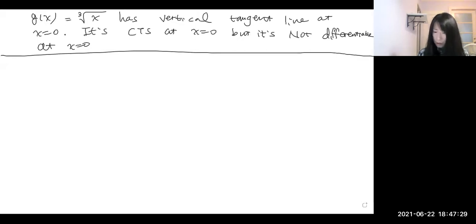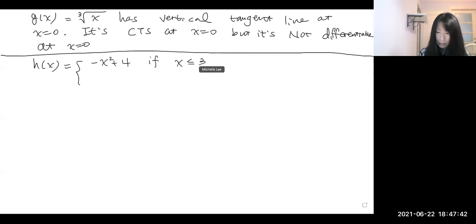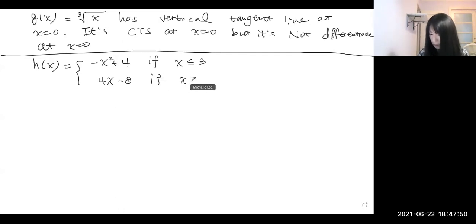Okay, let us do this one. h of x. We have negative x squared plus 4 if x is less than or equal to 3, and x minus 8 if x is greater than 3.